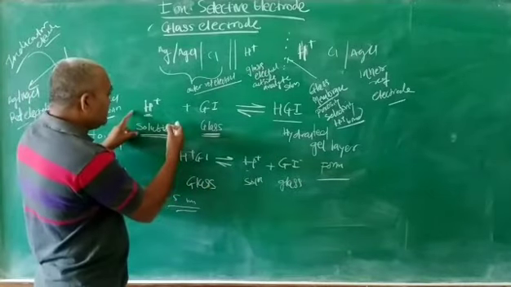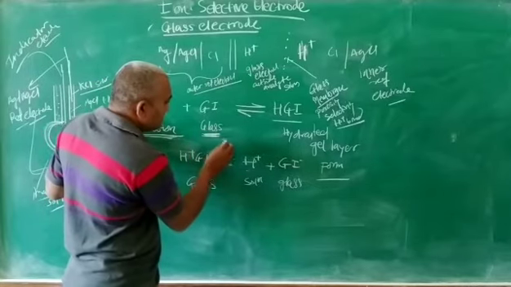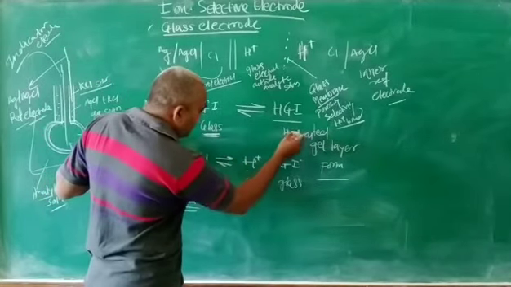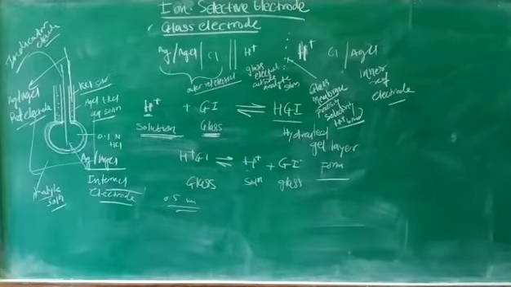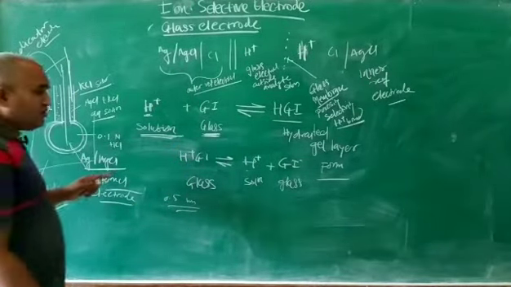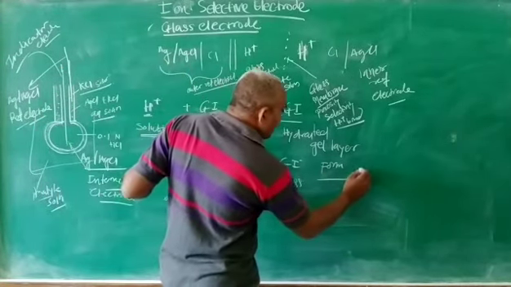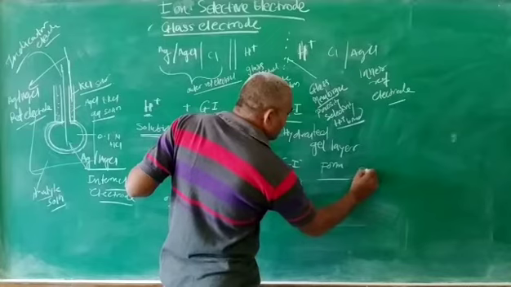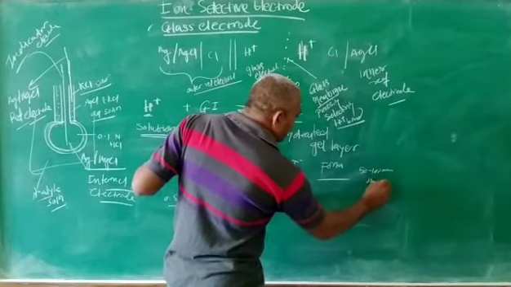So when the positive ions combine with the composition of the glass, a hydrated gel layer forms. This gel layer is 50 to 100 mm thickness.